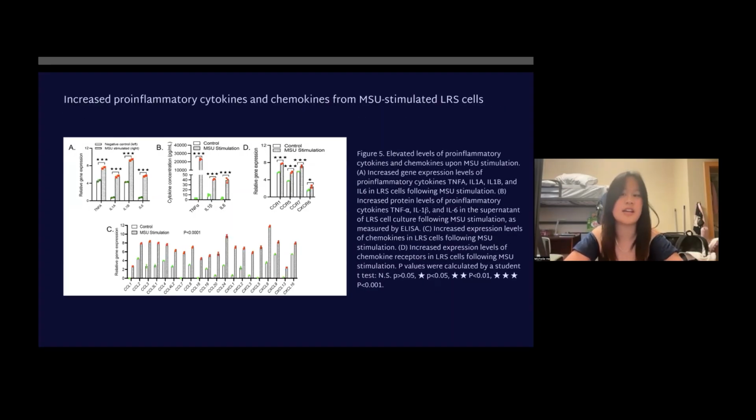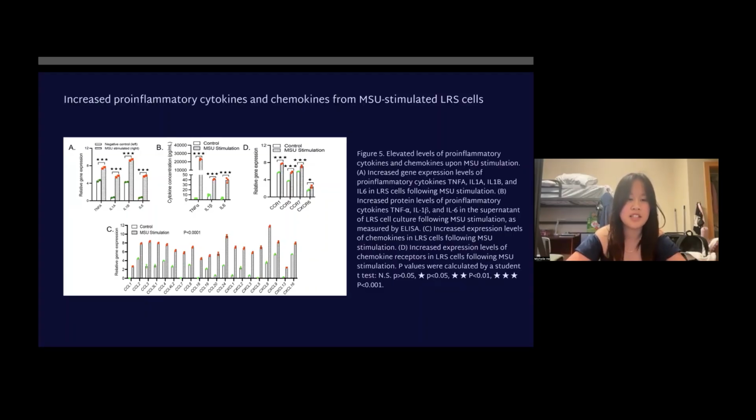This graph shows the elevated levels of proinflammatory cytokines and chemokines after MSU stimulation. In plot A, we can see increased gene expression of the cytokines TNFA, IL-1A, IL-1B, and IL-1C after MSU stimulation. Plot B shows the cytokine concentration has significantly increased as well for TNF-alpha, IL-1 beta, and IL-6.